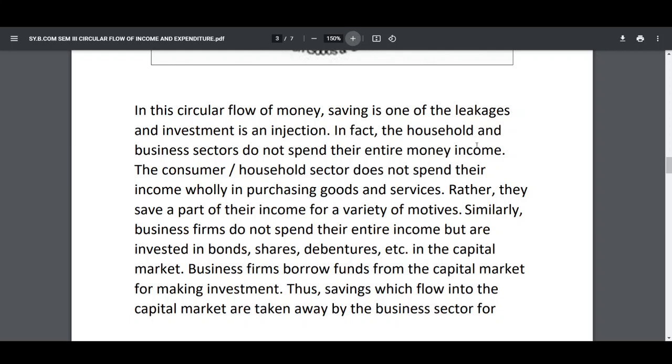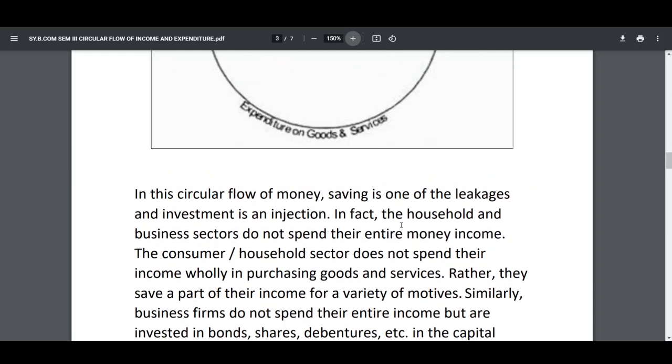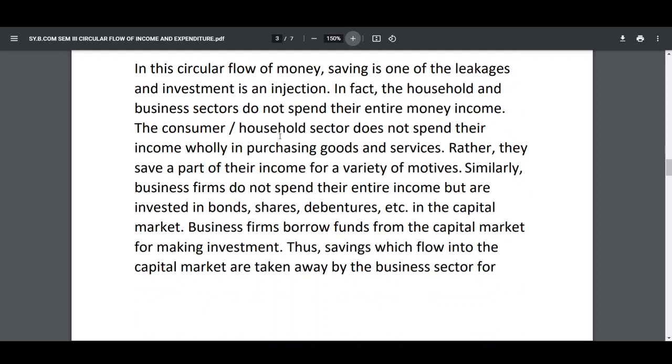In fact, the household and the business sectors do not spend their entire money income. The consumer or the household sector does not spend their income wholly in purchasing goods and services. Rather, they save a part of their income for a variety of motives.